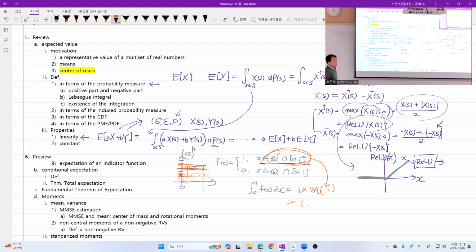And what is the most important result we do not prove? If the Riemann integral exists, its Lebesgue integral also exists and is the same. However, the converse is not true, as we've just seen. Even though the Lebesgue integral of a function exists, the Riemann integral may not exist.